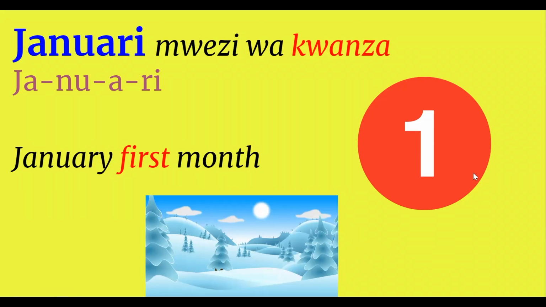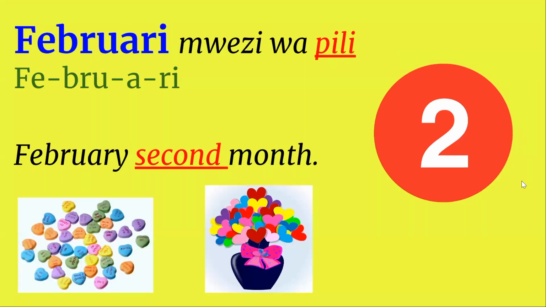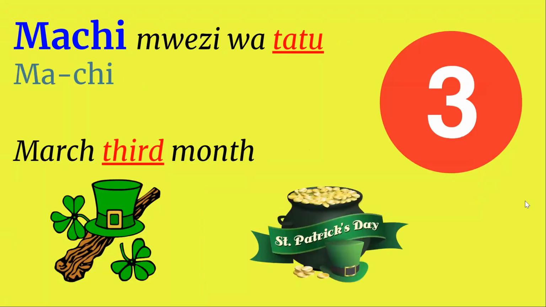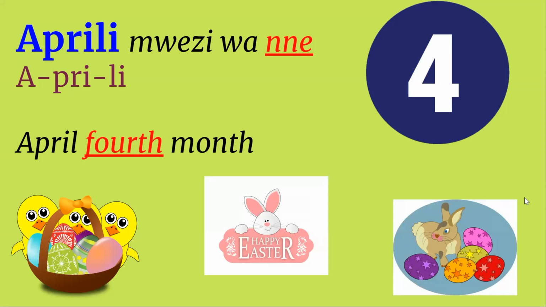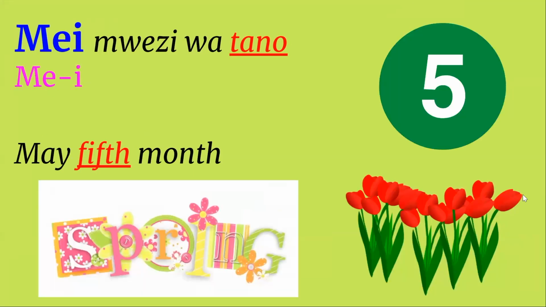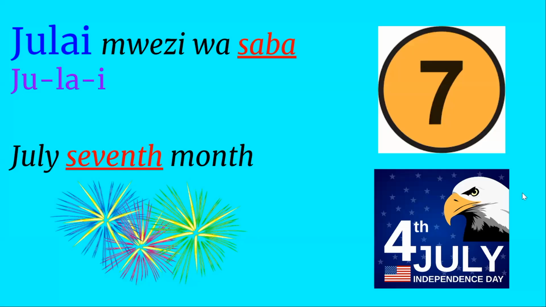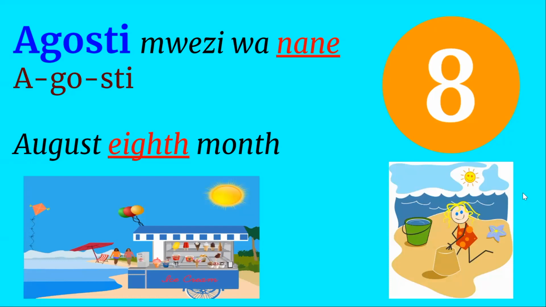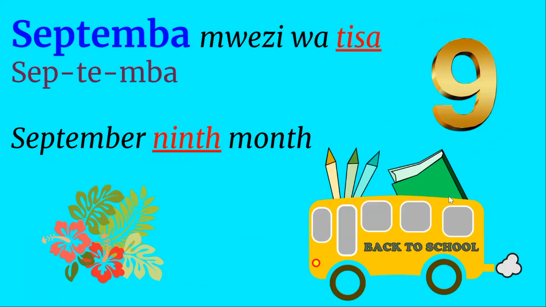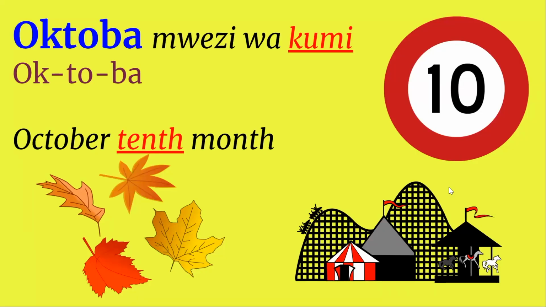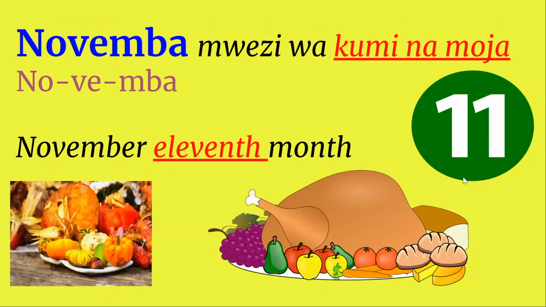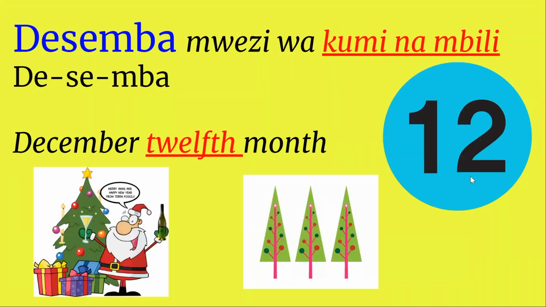So let's review again from January. January, February, Marchi, Aprili, May, Juni, July, Agosti, September, October, November, December.